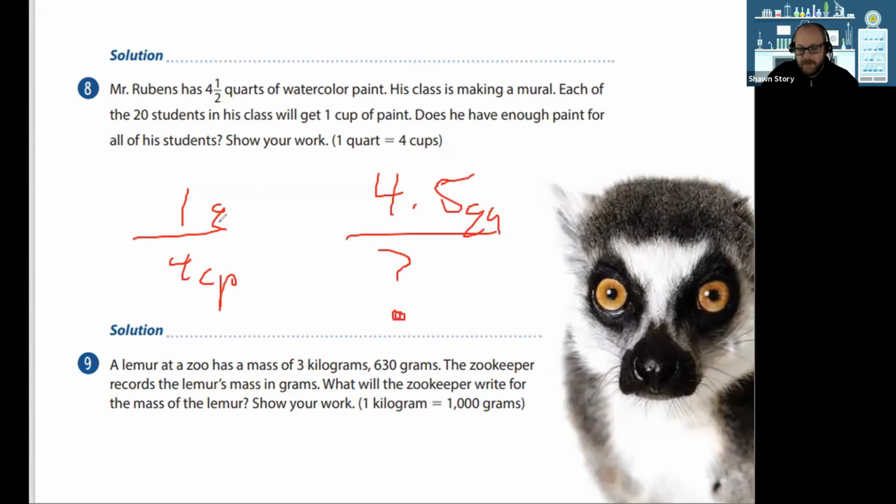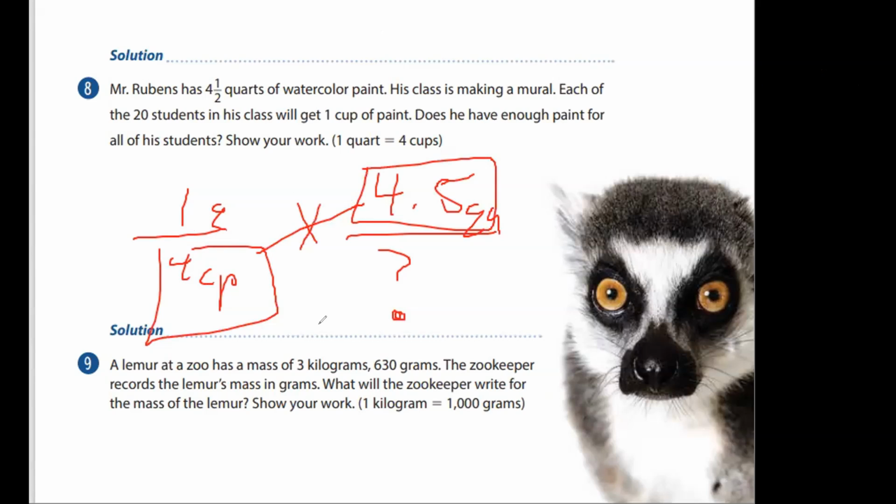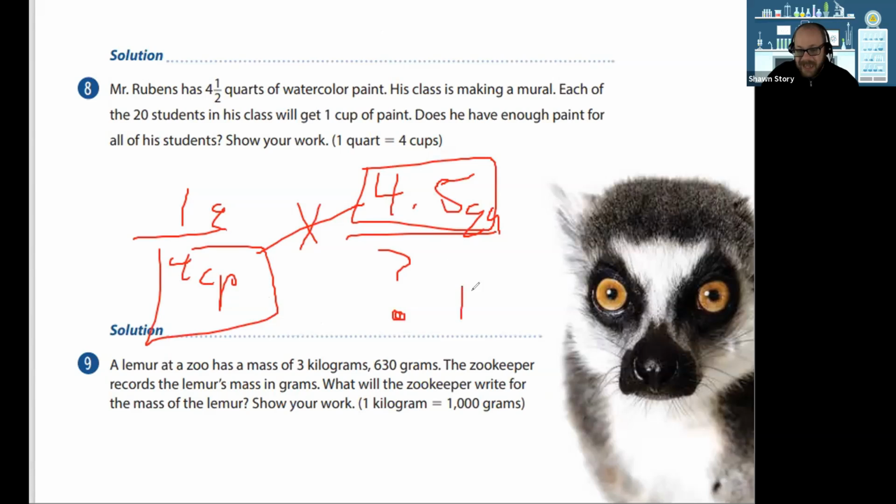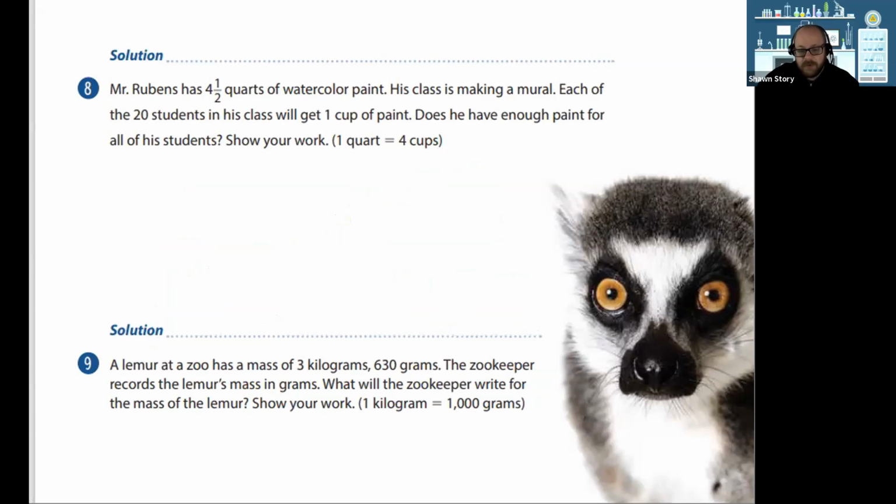So what math did we use to find it? We multiplied 4 times 4.5, which is 18. And he has 20 students, and so he's 2 cups short. Poor students.